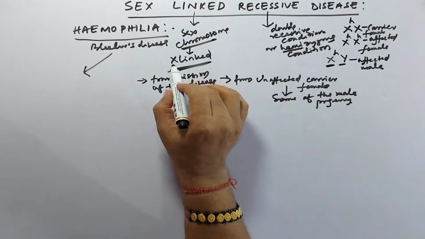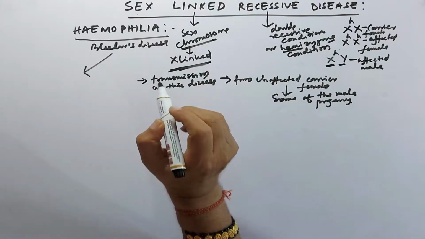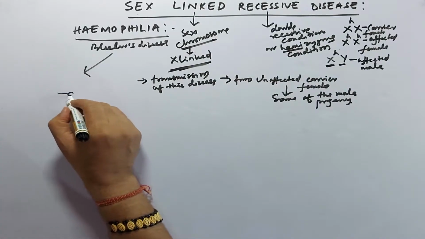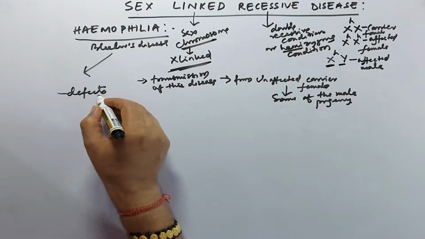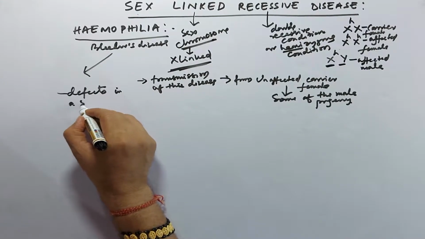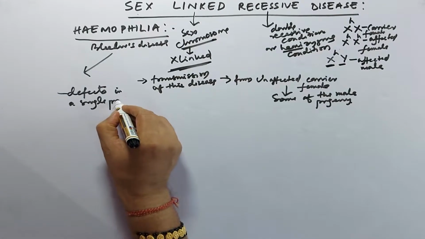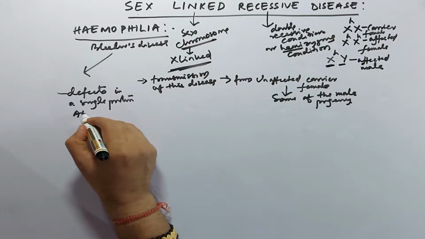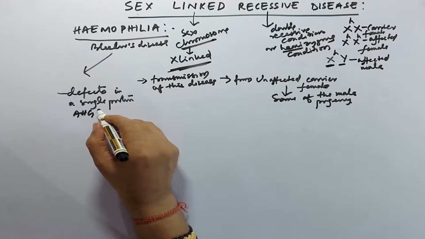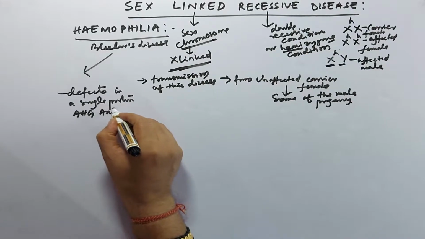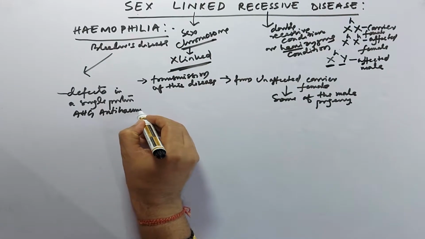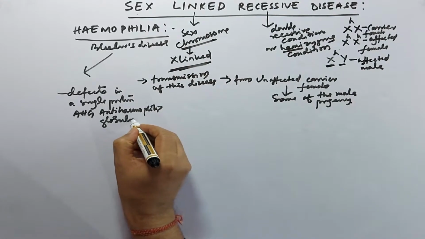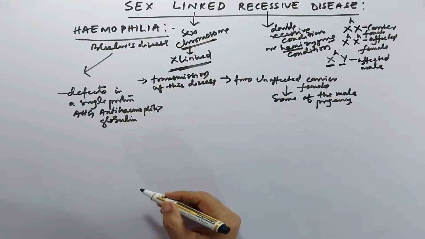First of all, this is an X-linked defective gene, and this is a defect in a single protein, what we call AHG, that is anti-hemophilic globulin. Because of these defective genes, what happens?